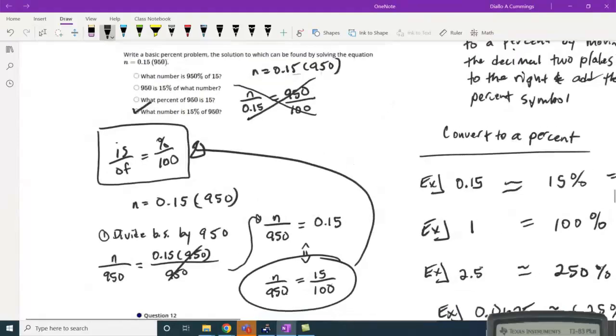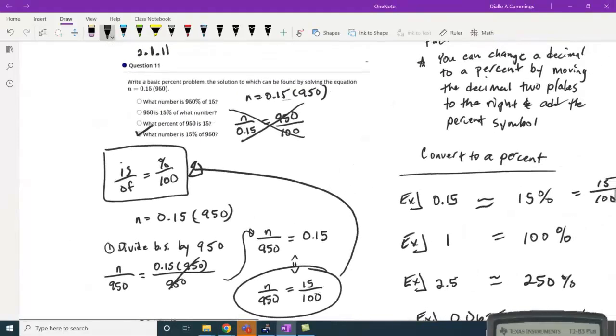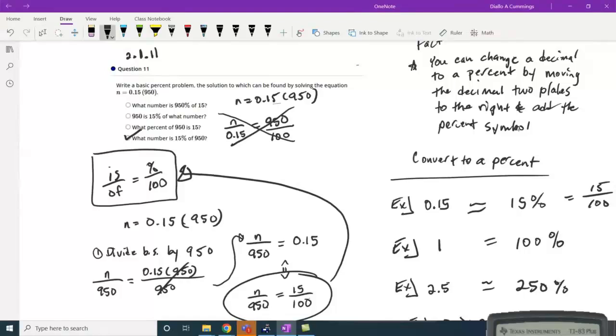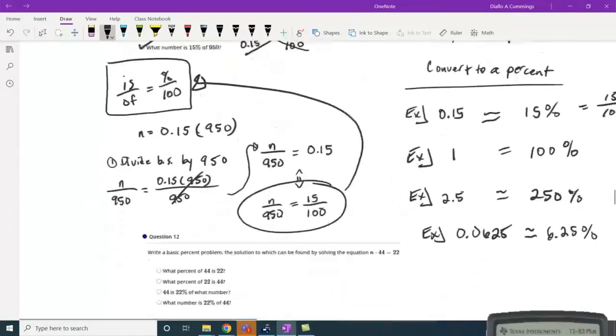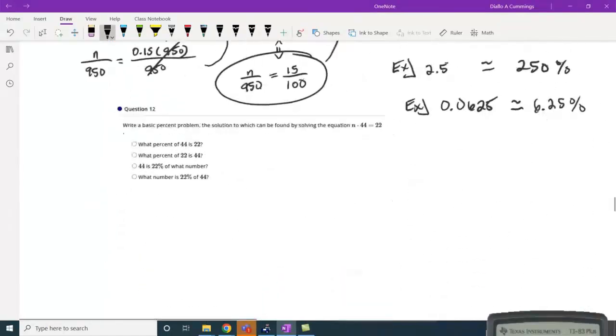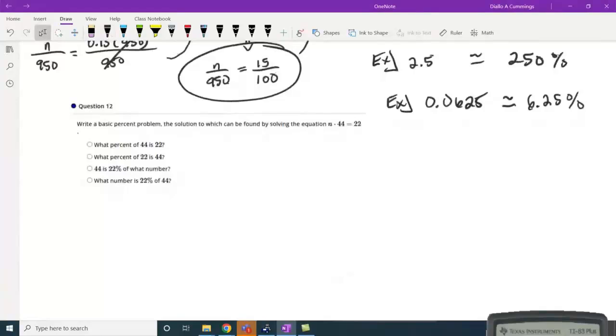So for problem number 11, from section 2.1, the solution should be: what number is 15% of 950? It doesn't want us to solve it, it just wants us to write it out in words. Now let's look at problem number 12.